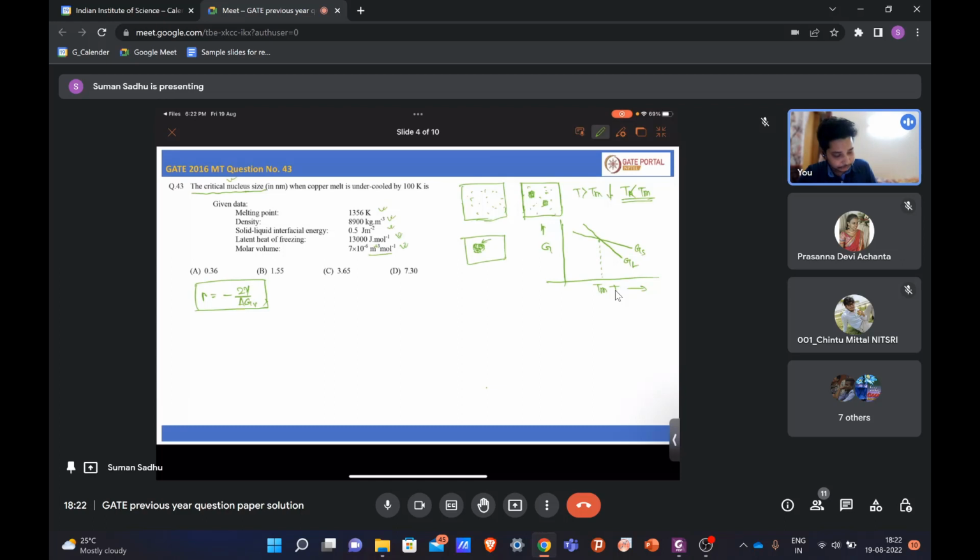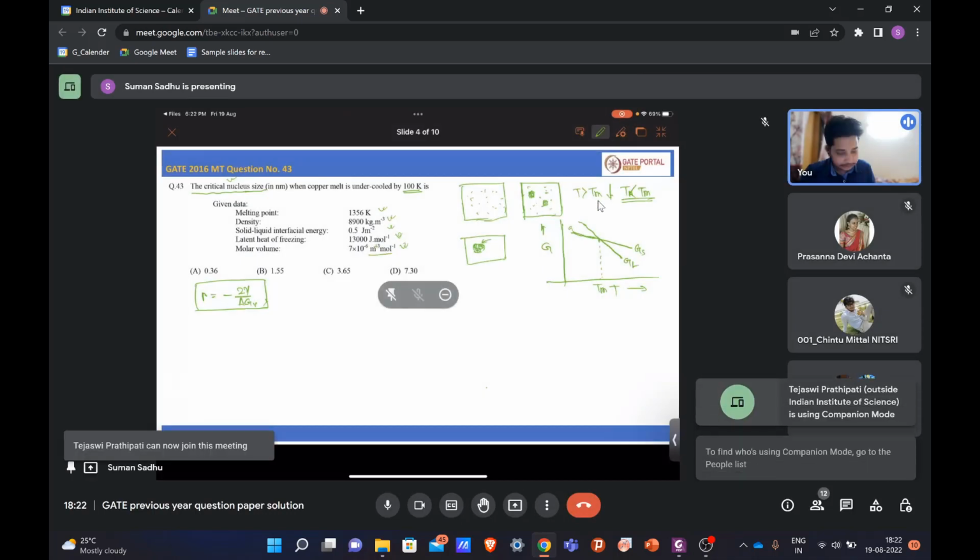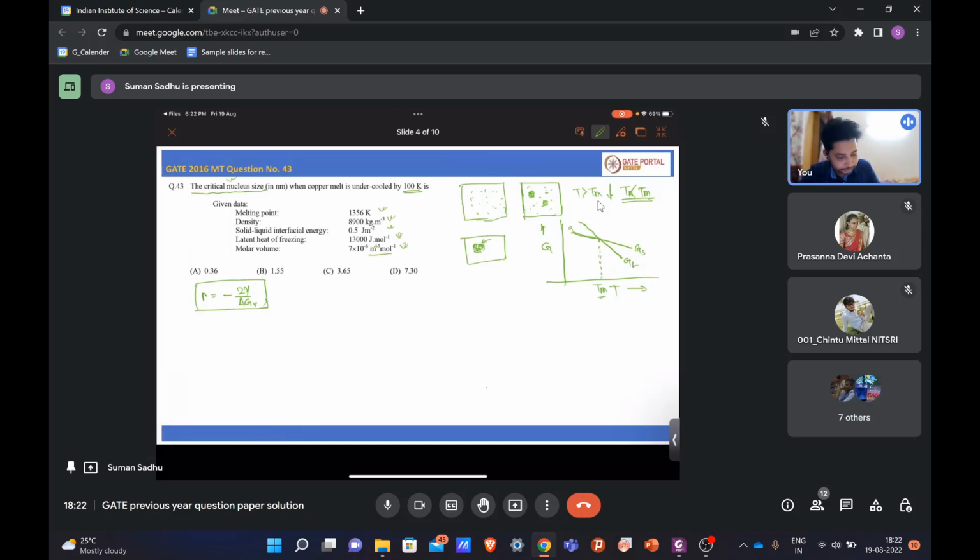Above the melting point, the free energy of the liquid is lower, and below the melting point, the free energy of solid is lower. Here it is mentioned that we have undercooled by 100 Kelvin. At Tm the free energy of solid is equal to the free energy of liquid. Now you have undercooled it below, so that difference, delta T, is 100 Kelvin.